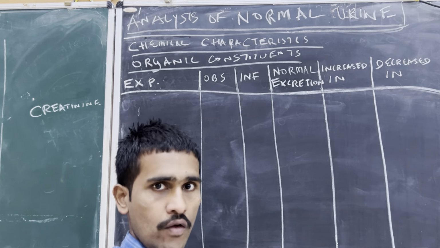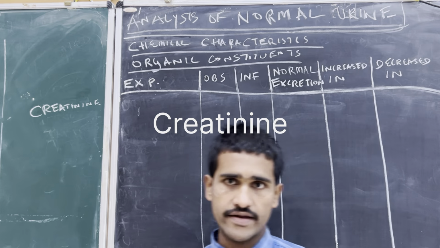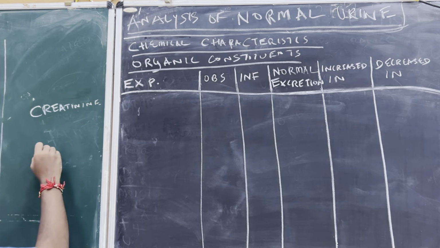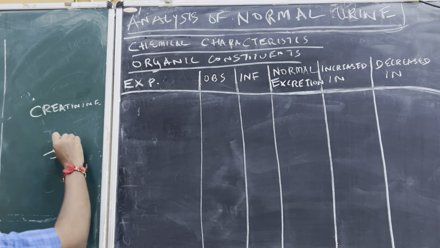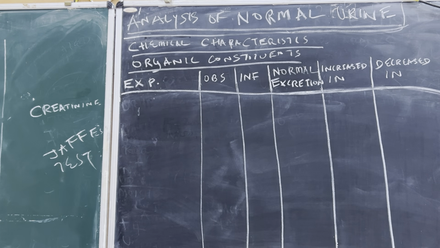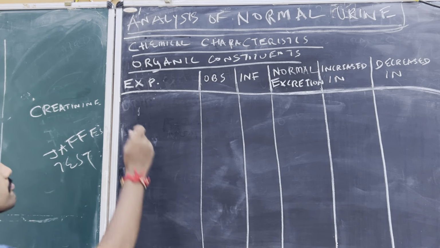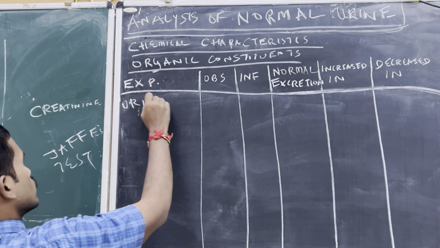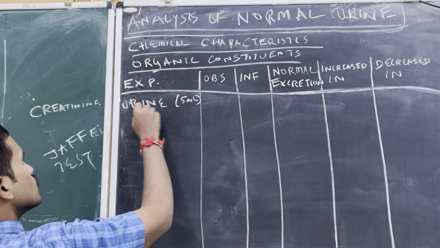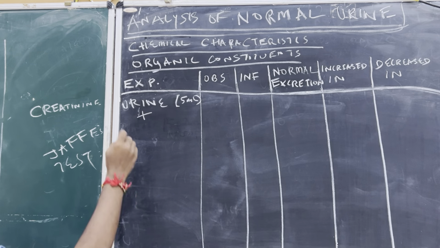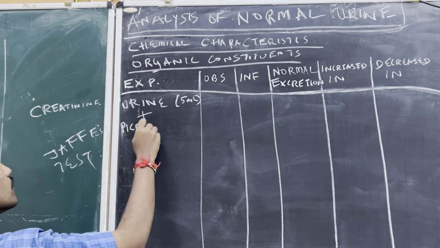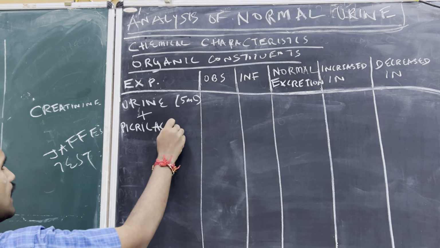So now we'll talk about the next organic constituent of urine, that is creatinine. The name of the test that we do is Jaffe's test, named after Max Jaffe. So what do we do? What is the experiment? We take urine, 5 ml, we add 1% picric acid.